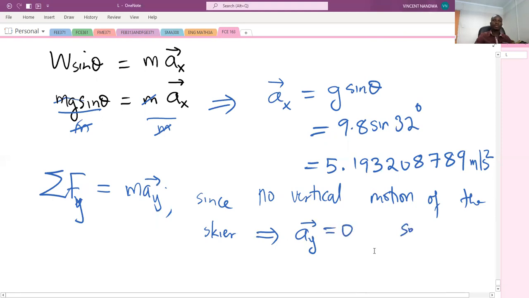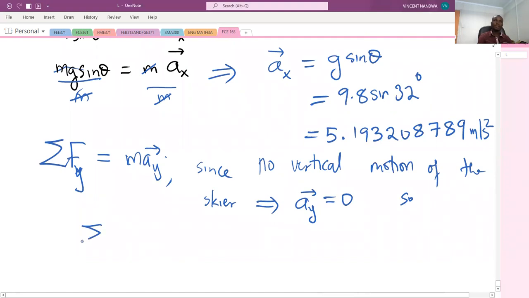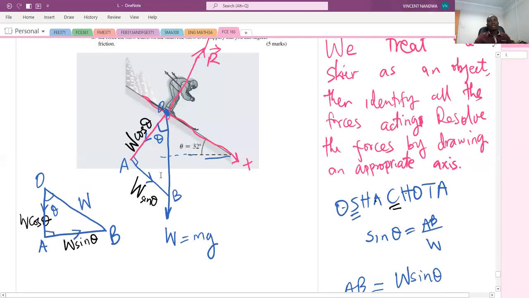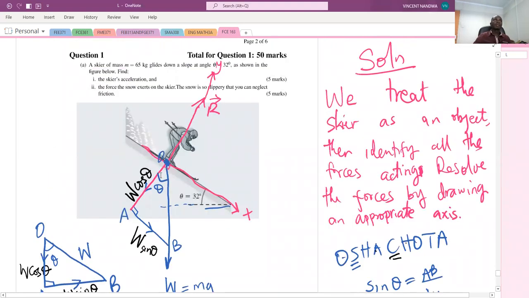So the net force in the vertical direction, the summation of F_y, is 0. Now, for forces acting in the y direction, we take forces moving upwards to be positive and forces moving downwards to be negative.